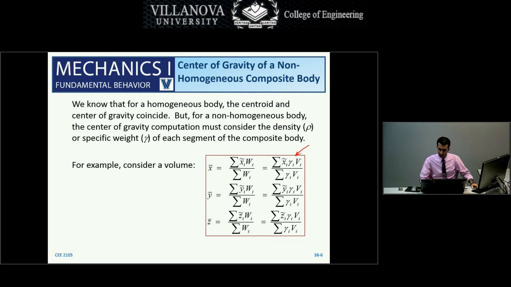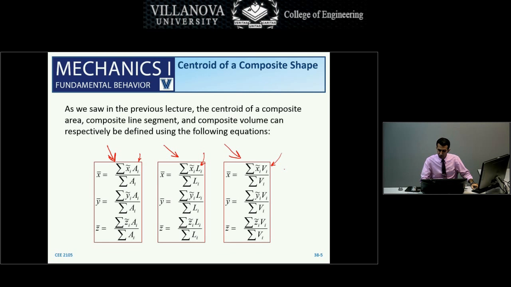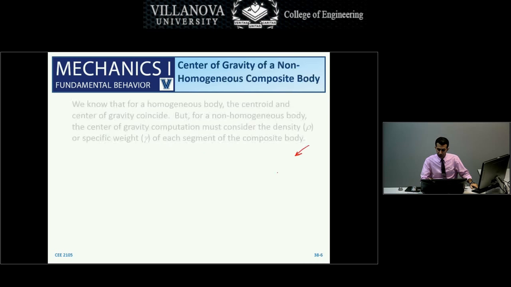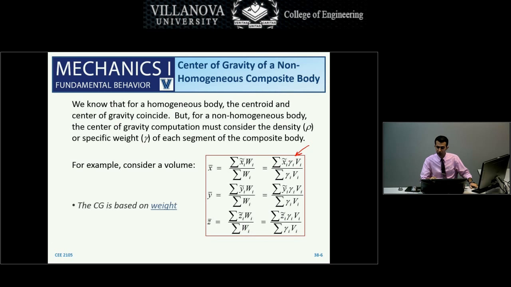If you look at the previous slide, we don't have gamma in this equation, right? But here we do. So for finding the center of gravity this time, we need to have knowledge of the specific weight of each part. Really, for center of gravity, we can say that it depends on the weight of each part, whereas for centroid, it depends on the volume of each part.